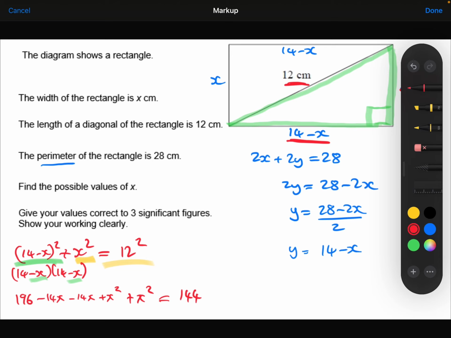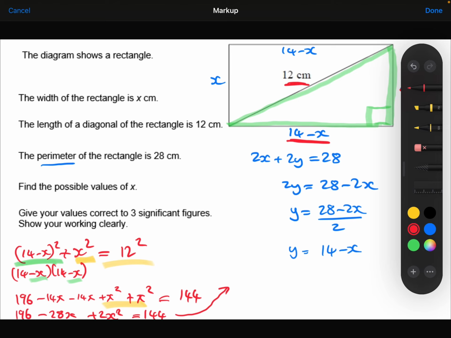Right, collecting up some like terms then, because we've got the minus 14x, which is minus 28x. We've then got the x squared plus x squared, which is 2x squared. And now, this is a quadratic equation, so I want it to equal 0. So I'm going to subtract the 144 from both sides.